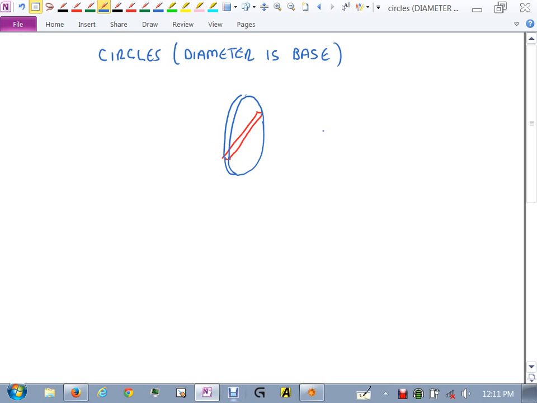So dx is the width, and then this front area is equal to pi times the radius, which is half of the diameter, right? Squared. And then, of course, you could distribute the 1/2 through and just make that a 1 minus x squared, and then squared. So pi times (1 minus x squared), and then all that quantity squared.